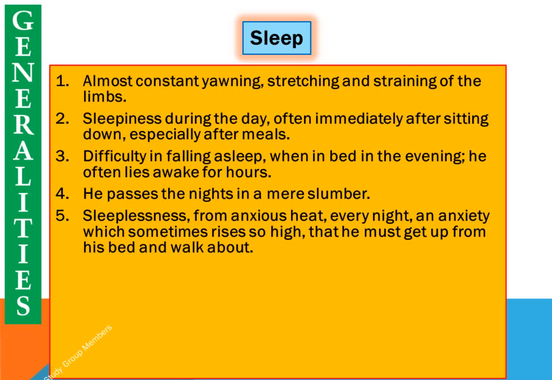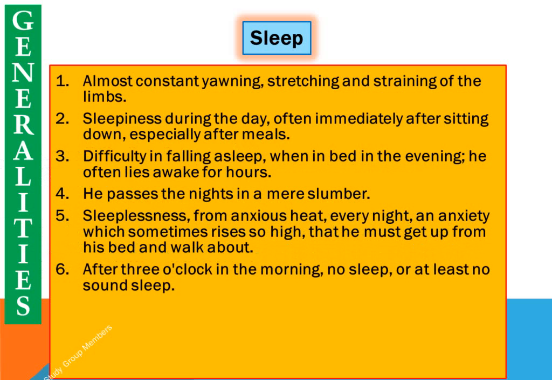Difficulty in falling asleep. He passes nights in mere slumber, that is just lying down but not getting sleep. Sleeplessness from anxious heat. Then after 3 o'clock in the morning, no sleep. Here is the symptom of depression. Sleep getting disturbed at 3 o'clock, sleep vanishing, is a characteristic feature of depression.